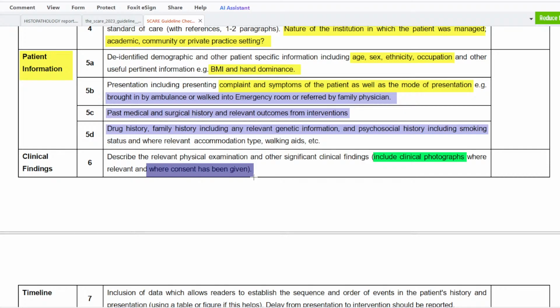Timeline. Inclusion of the data which allows readers to establish the sequence and order of the events in the patient's history and presentation, using a table or figure on this page.